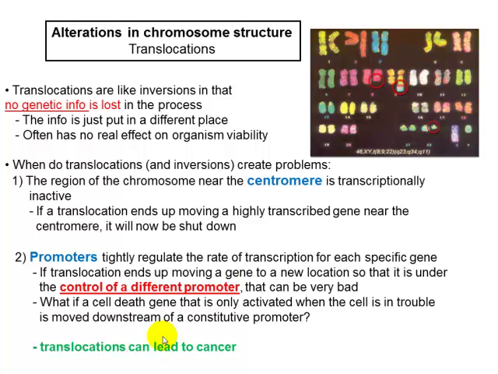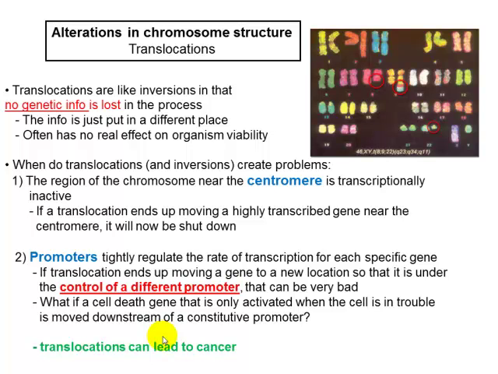Now, when is it that these translocations create problems? They create the problem with genes, for example, that are usually transcribed and expressed, like housekeeping genes. Those are the genes that you have to have transcribed all the time, as you remember from lecture 6. If those genes are translocated to another chromosome and that translocation happens near the centromere, that is a problem, because near the centromere is a place where very low transcription will take place.